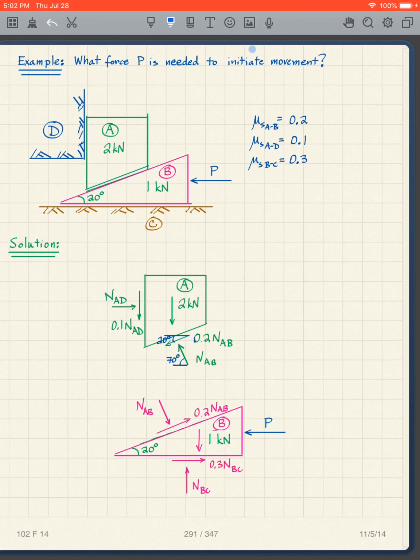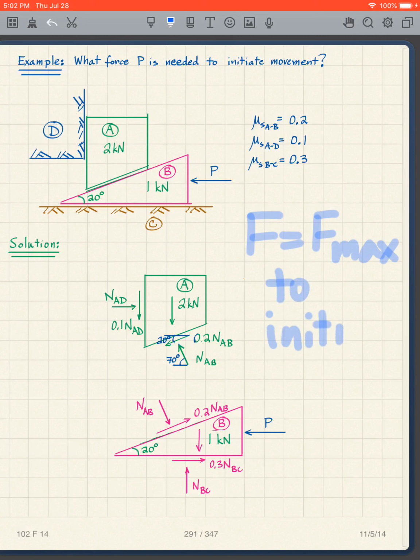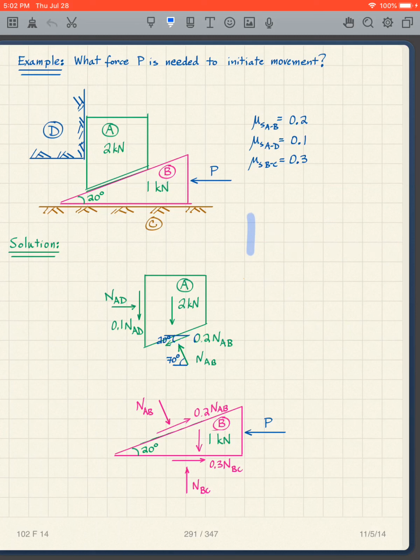And this problem is to initiate movement. What does that mean? To initiate the movement, I know that F equals F max to initiate it. So that helps me out a little bit. Now notice these are my coefficients of static friction.